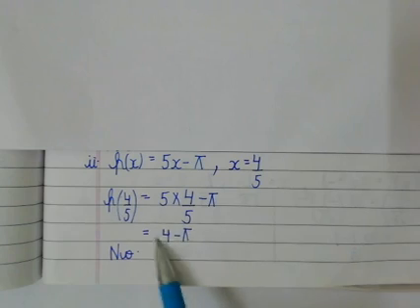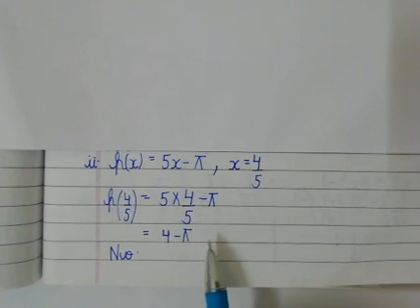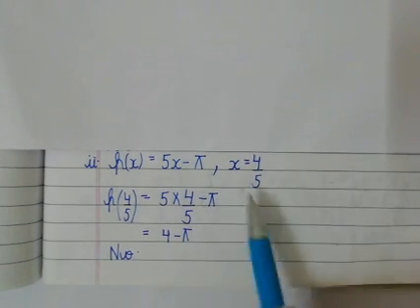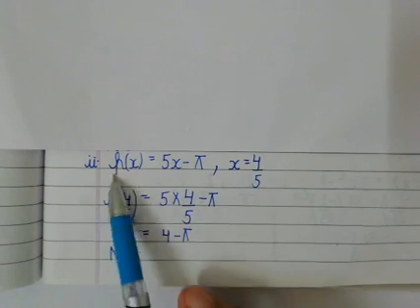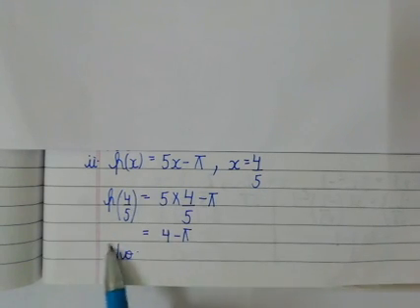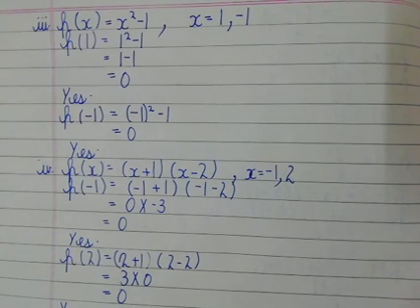This is not equal to 0, means the remainder is not equal to 0. So x is equal to 4 upon 5 is not a zero of the given polynomial. That's why here is written no. The rest of the parts can be done by the same method. They are in the PDF, you may go through them.